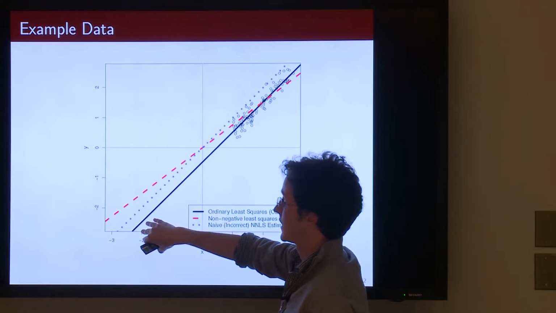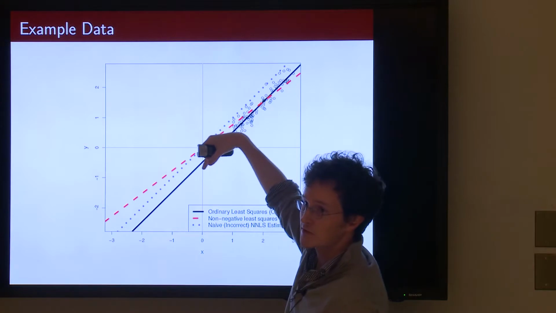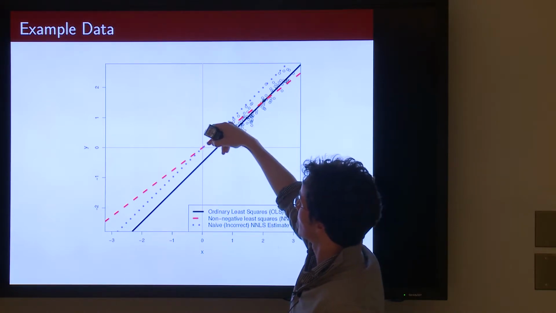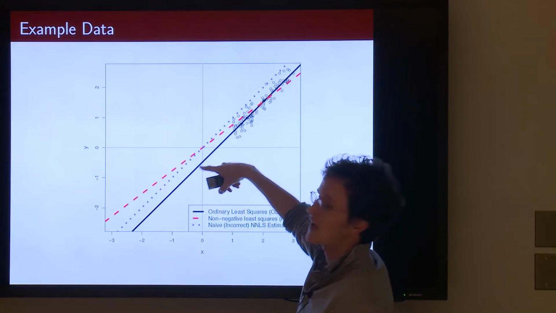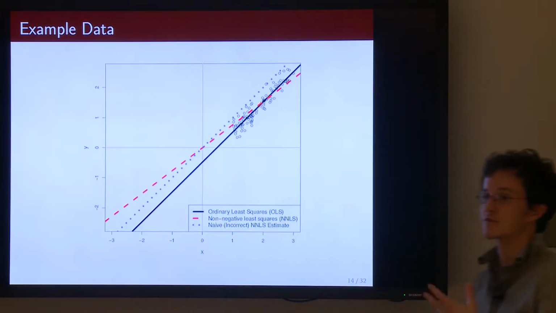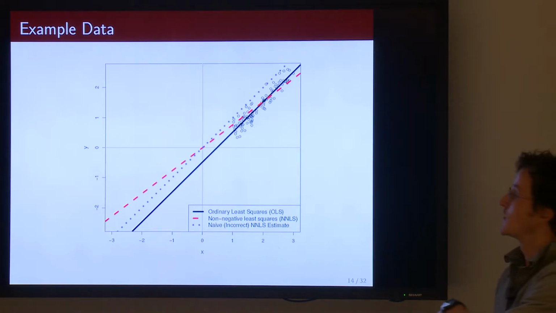That's this black line here, and you can see that the slope is clearly positive for the black line. However, the y-intercept is negative. So this black line cannot be the non-negative least squares solution because one of your coefficients is negative. In particular, beta_0 is negative here.